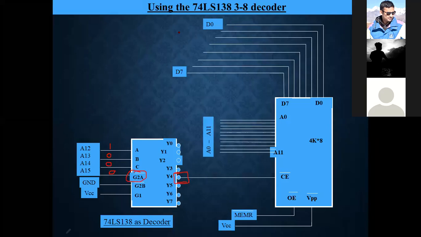So this A15 to A12, these are reserved for this particular chip selection, and the rest of the lines are directly connected to this microcontroller. Clear? Yes, sir. Okay. So we are putting all 0.